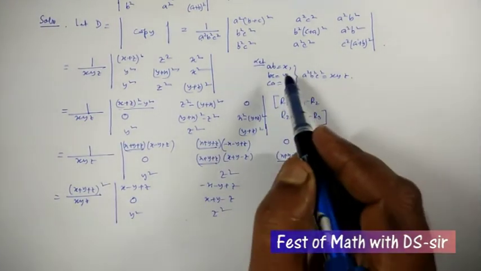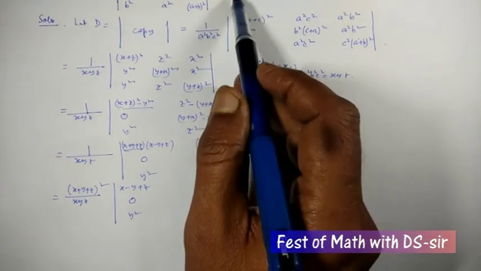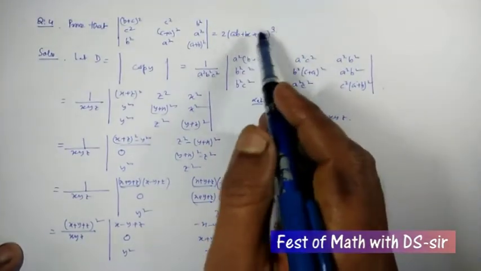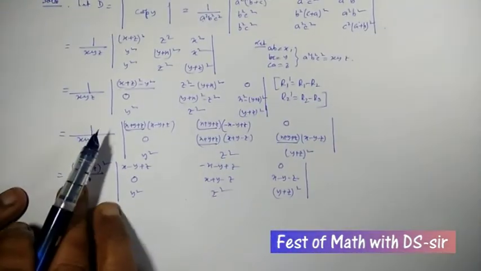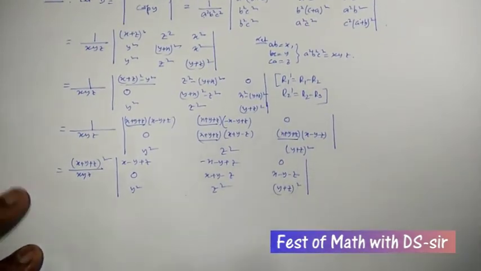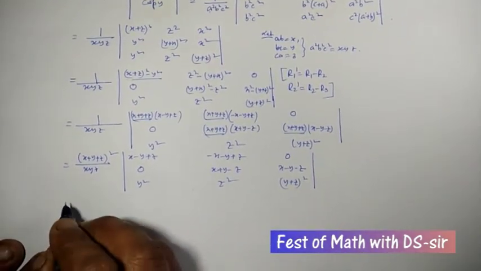Now see, x plus y plus z is nothing but AB plus BC plus CA. So you have to show that AB plus BC plus CA whole cube. Already the whole square has arrived. After that, what will we do?